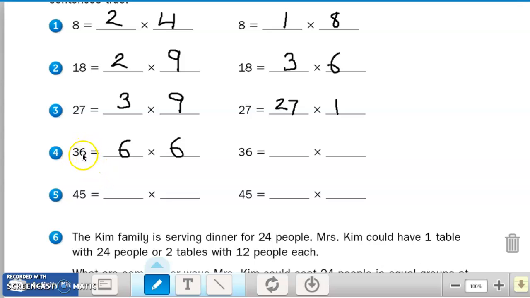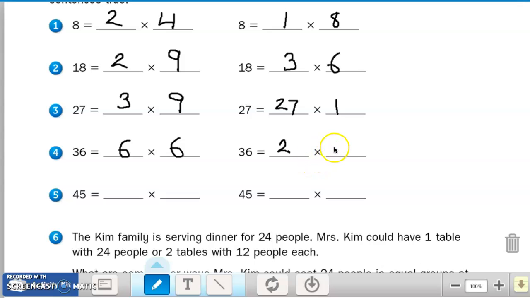Now this is an even number, so it does multiply by 2. So let's think about this. 2 times what is 36? Well, it's a little bit harder.